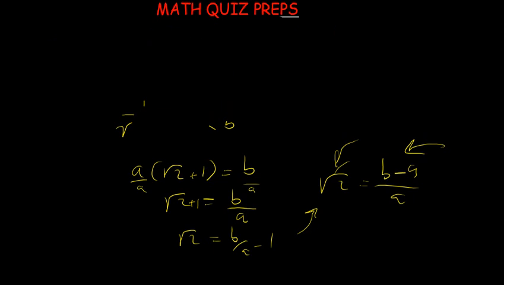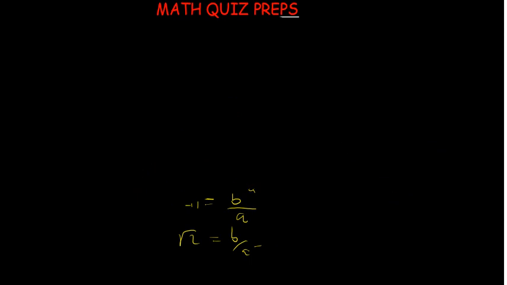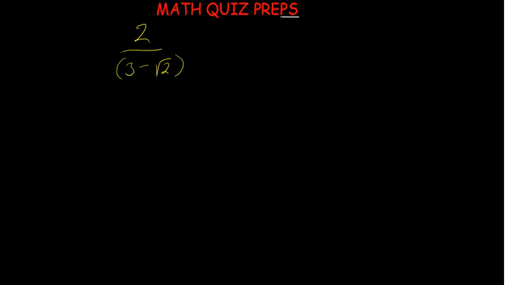Sir, I have a question. Yes, please. The question goes like this: 2 over open bracket 3 minus root 2, close bracket, then open 1 minus 2.